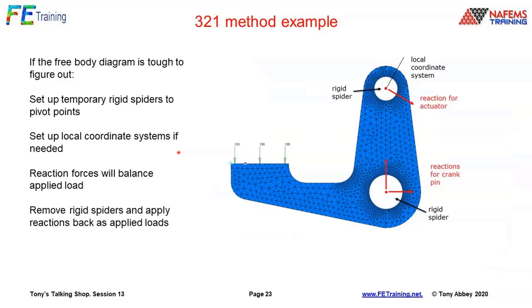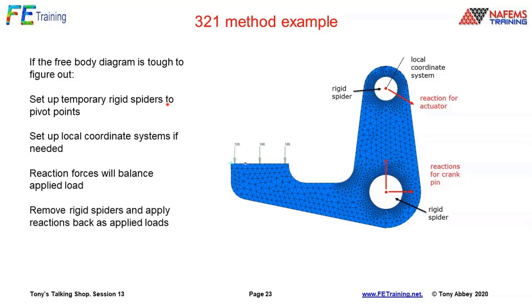The other thing is sometimes the free body diagram is fairly easy, as in that particular case, the crank, but sometimes it's tough to figure out. So what I can do is, again, with my known pressure distribution, I've got a known crank angle in here. Another way I can approach this is to slip in my rigid spiders. Isn't it funny how spiders come back to haunt us?